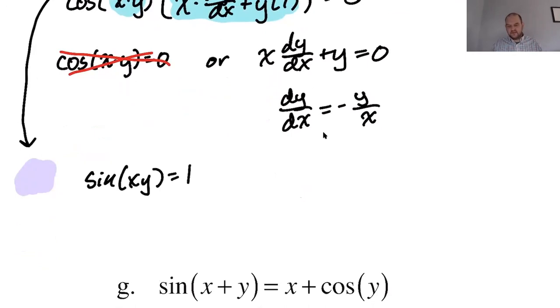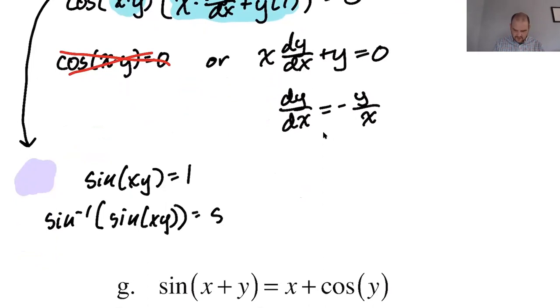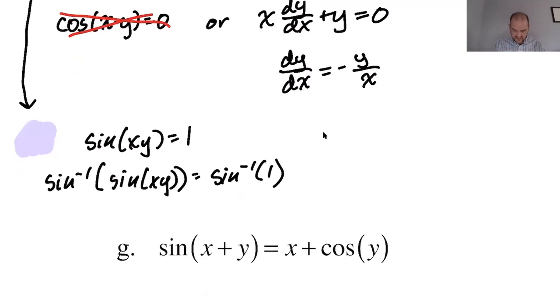I'm going to take the inverse sine of both sides. The sine inverse of the sine of xy equals the sine inverse of 1. The sine inverse of the sine of xy is just xy. The sine inverse of 1 is pi over 2.